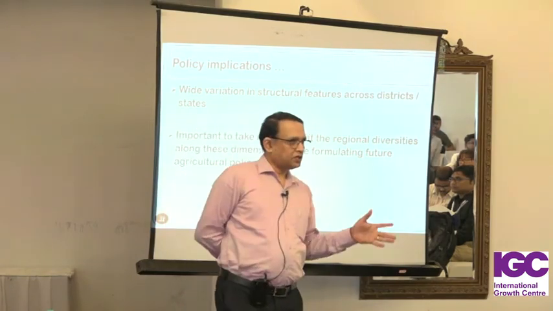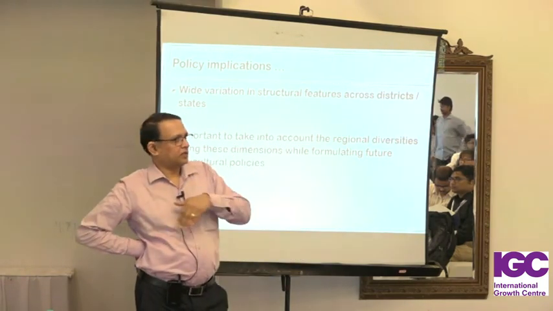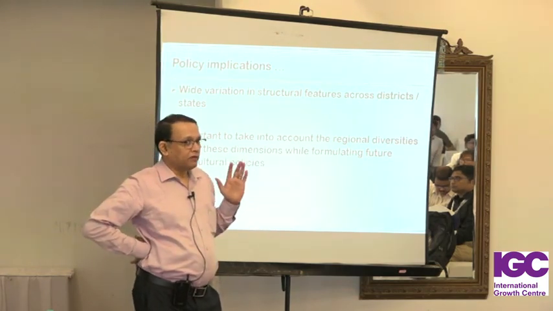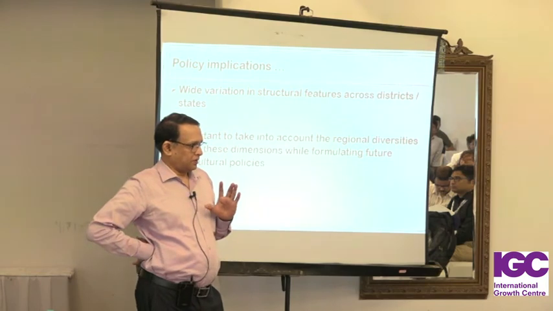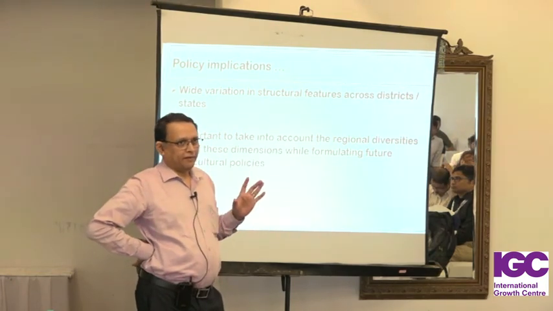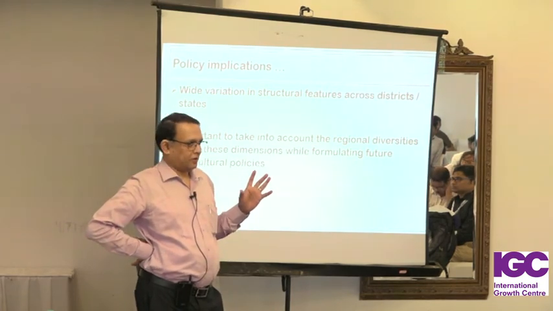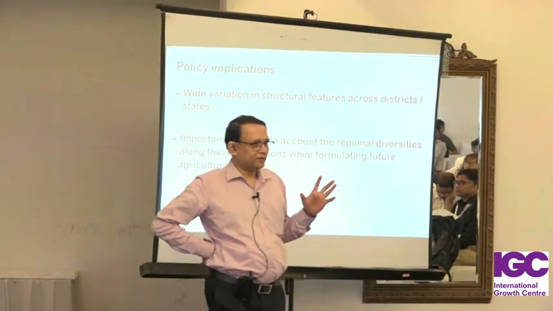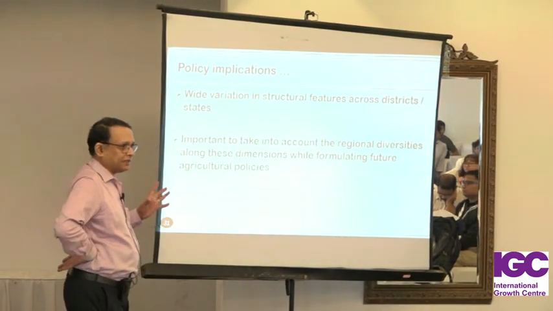So the moment you achieved food self-sufficiency, then what did you do? You started exporting. You had buffer stock norms. And today what do you have? What is the stock position today? I don't know, 70, 80 million tons.